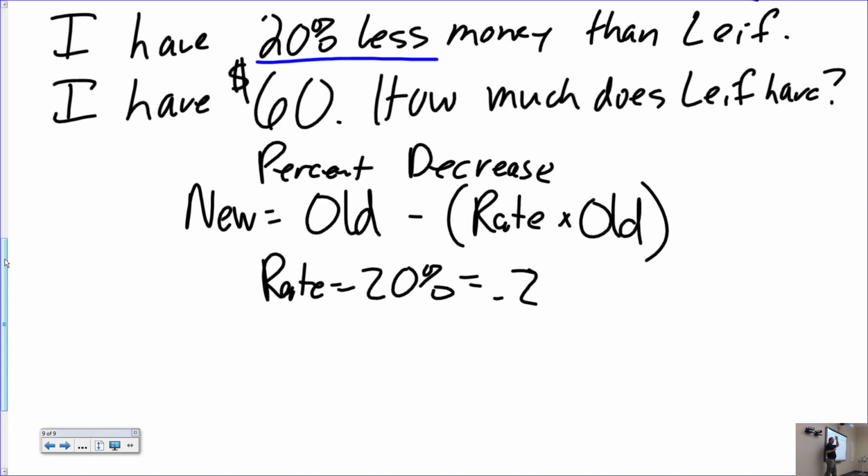You always start at the higher number and wind up with the lower number, because you're decreasing from a higher number to a lower number. So I, being $60, that's the lower number. That's where you end up. That's the new spot, right? In a percentage decrease problem, the old is larger, the new is smaller.